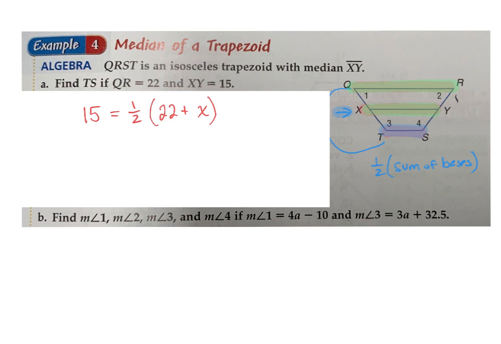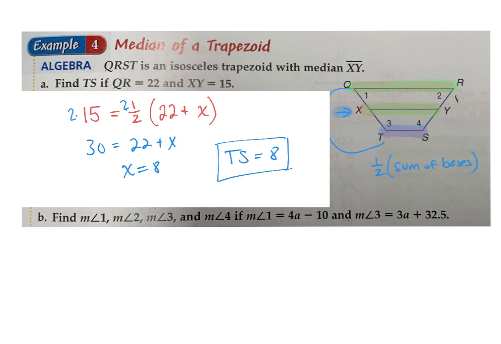The easiest way to do this is to go ahead and multiply by 2, by the way. So let's go ahead and multiply both sides by 2, right? We'll get 30 equals 22 plus x. So we know that x equals 8. So we know the length of TS is going to be 8.